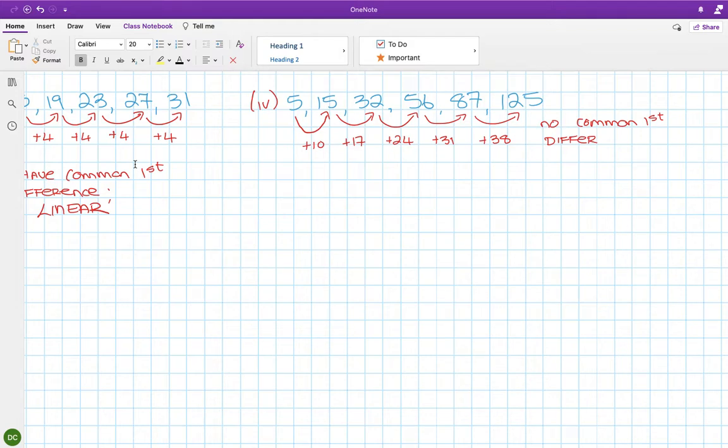So it's not linear. Okay, so we go to the second difference. From 10 to 17 is plus 7. From 17 to 24, plus 7. 31 minus 24 is 7.